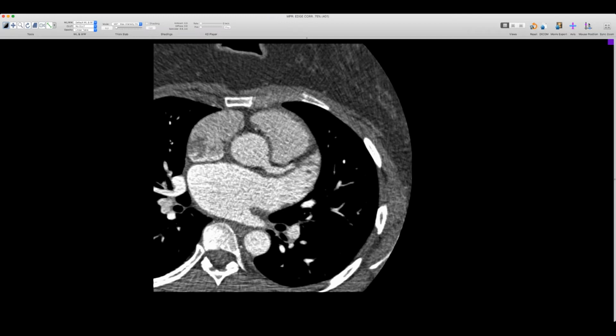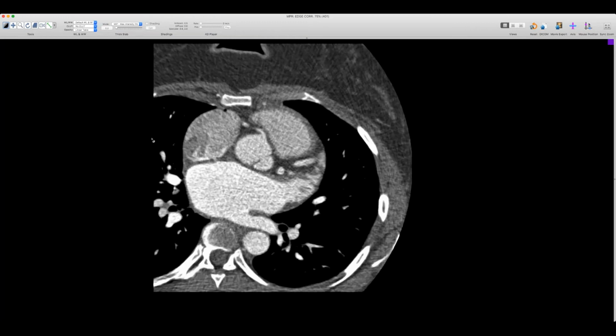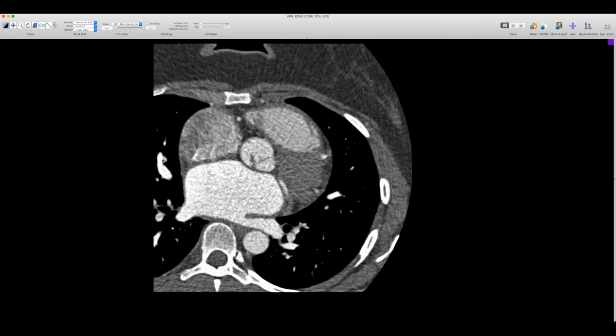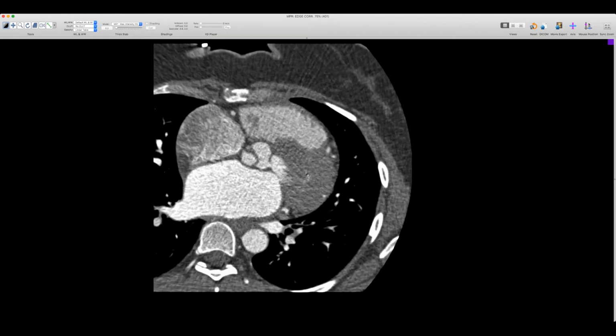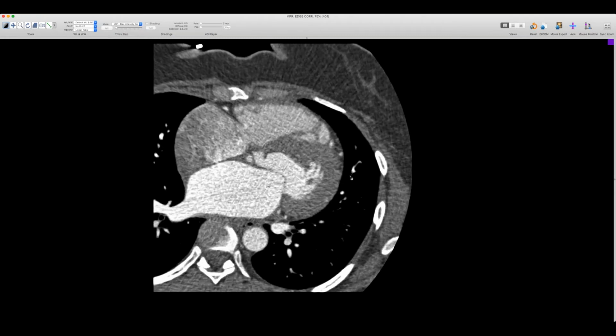Okay. So this one is courtesy of Art Stillman. This is a young patient, I believe about 28 years old, who had by echo a gradient across the aortic valve.